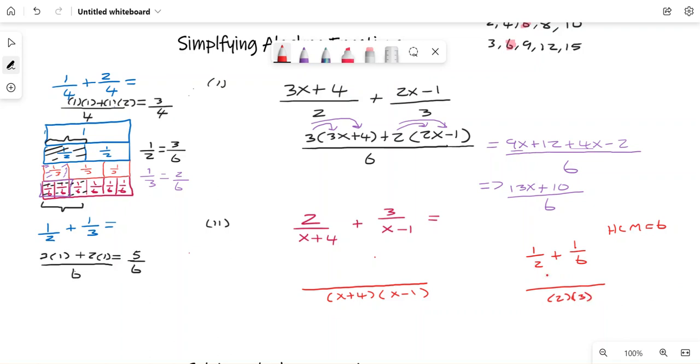So we can represent it like this. For example, this 2 will cancel out with this 2, and then 1 multiplied by 3.